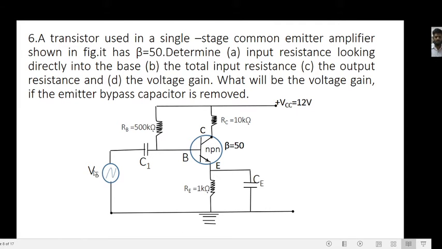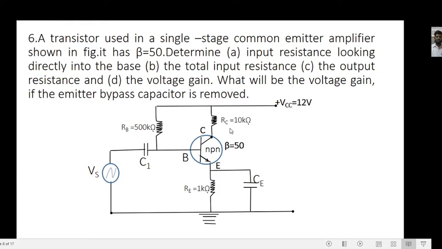Okay. So Rb is equal to 500 kilo ohm, Rc is equal to 10 kilo ohm, Vcc is equal to 12 volts. Here the values are given or noted. Re is equal to 1 kilo ohm, emitter resistance, and beta amplification factor is equal to 50.